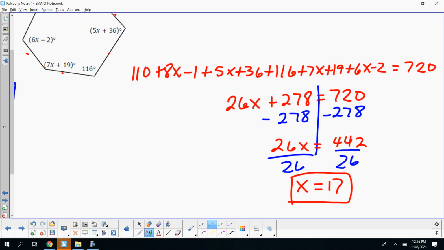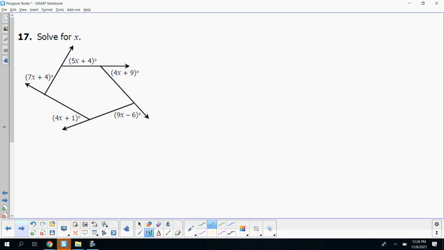Okay, let's take a look at number 17 now. The sum of all exterior angles, remember, is 360. So if I take all of these exterior angles and add them together, I should be able to set them equal to 360 and solve. So let's do that.